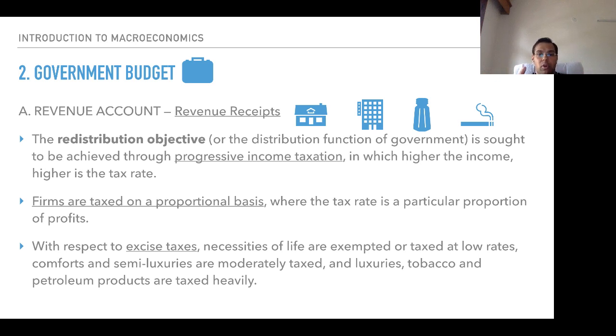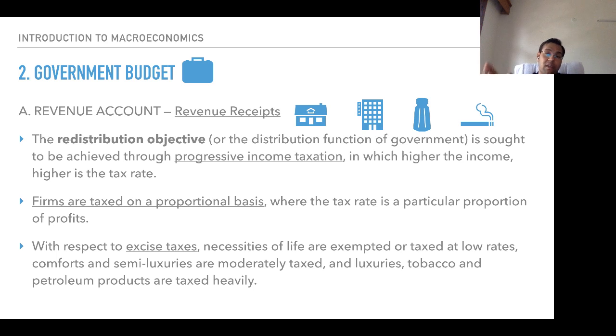The redistribution objective or the distribution function of the government is sought to be achieved through progressive income taxation. Progressive income taxation means the richer a person gets, the increase in income attracts a higher rate of tax. So let's say you are earning up to 2,50,000, you are subject to 0% taxes. From 2,50,000 to 5 lakh, you are subject to 10% taxes. After that 20%, after that 30%.